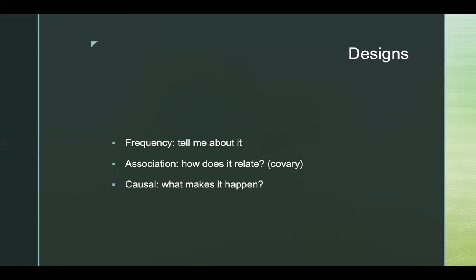As we talk about each of these, your job is to think about your idea. At this point, you have an idea and you have a measure. You have several ideas and several measures, but start thinking about which one you might be most interested in looking at. Then look at these types of designs and think about whether your question fits more into a frequency, an association, or a causal design.